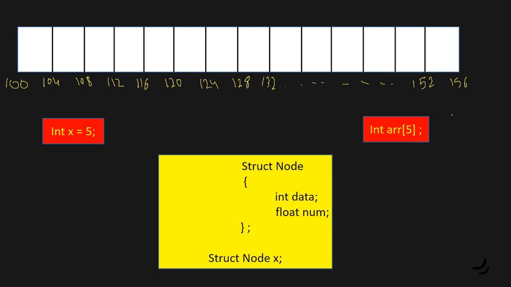So what will happen if you declare a variable? As soon as you declare a variable x equals 5, then as we know that for my computer architecture the size of the integer is 4 bytes. That means this variable needs 4 bytes of memory inside the RAM to store the value 5. This 4 bytes of memory can be allocated inside this square block, or it can be this block, or it can be this block.